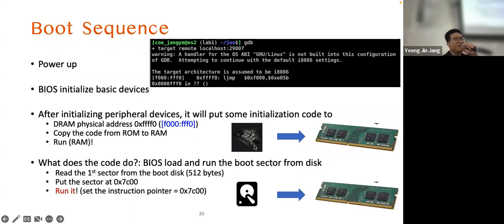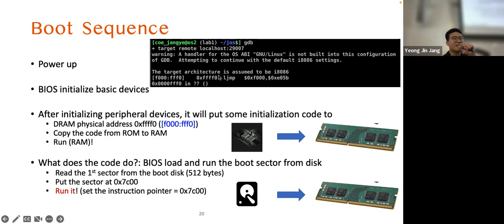Because the BIOS puts the code into FFFF0, when you run QEMU with nox and GDB, and then attach GDB to your QEMU for JOS, you will see that your CPU is stopped at the specific address FFFF0.